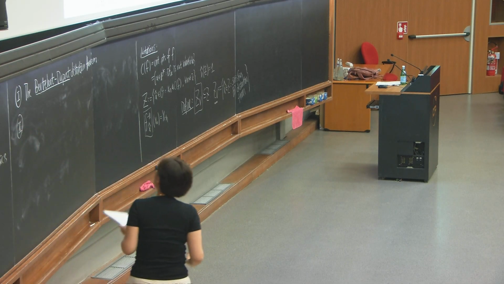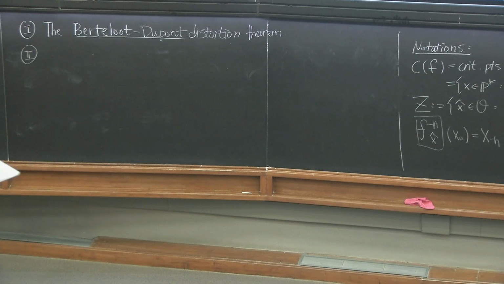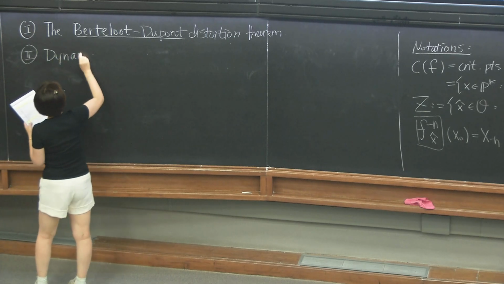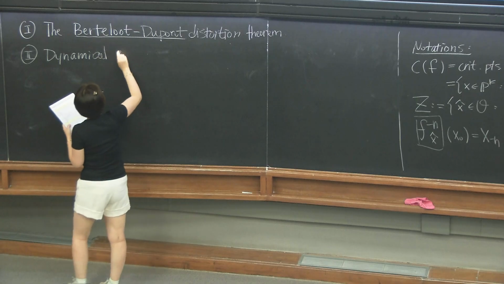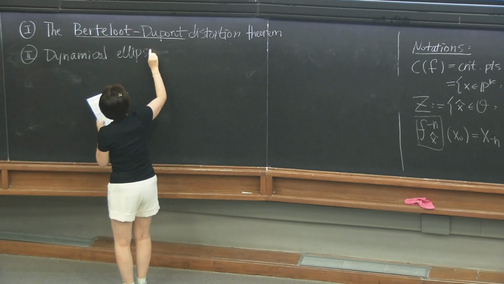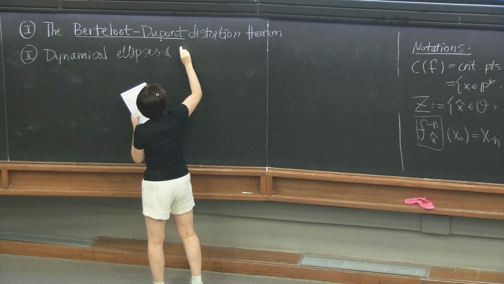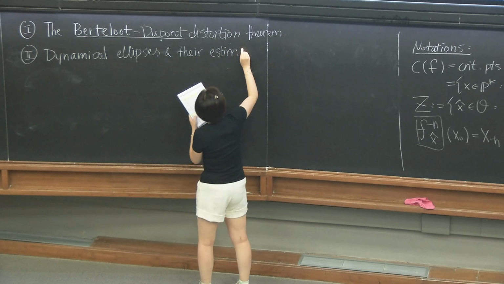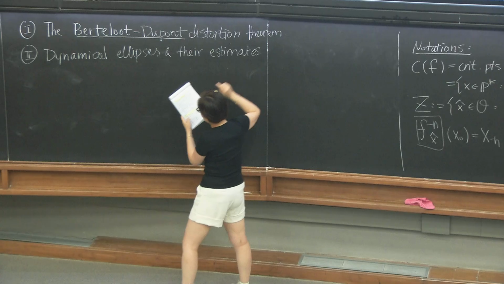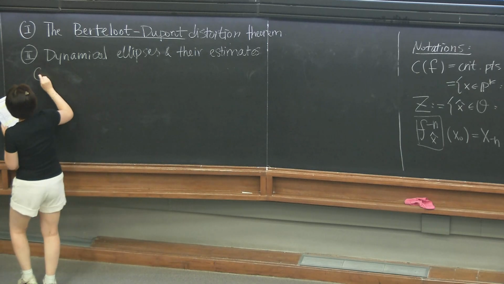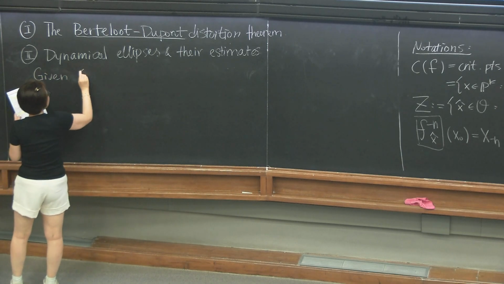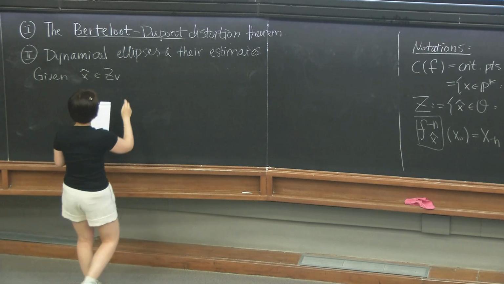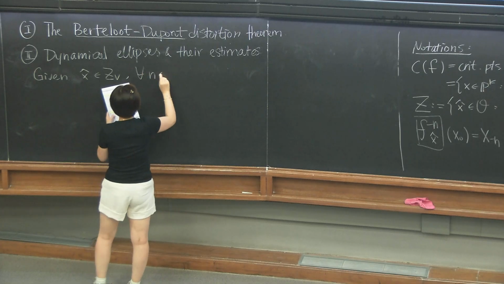Okay, so number 2, we want to define something called dynamical ellipses and their estimates. You take a point in this set where you have this distortion estimate and take a natural number n.